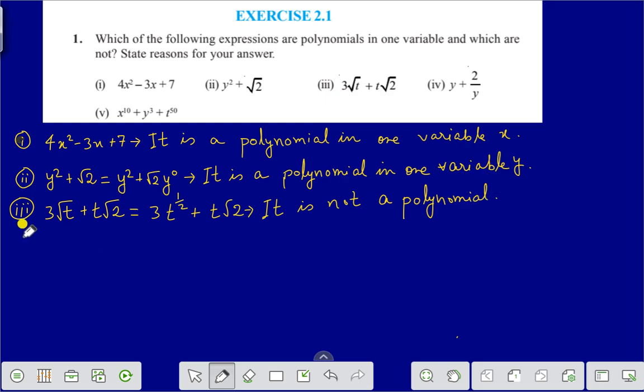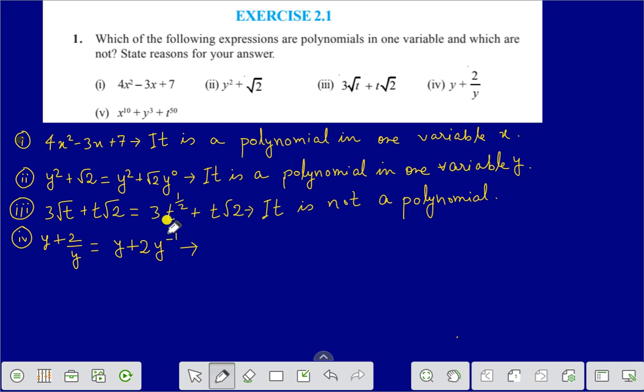Now question number 4. Question number 4 is y plus 2 by y. It can also be written as y plus 2 y to the power minus 1. Here also you see the power of y is minus 1, but minus 1 is not a whole number.